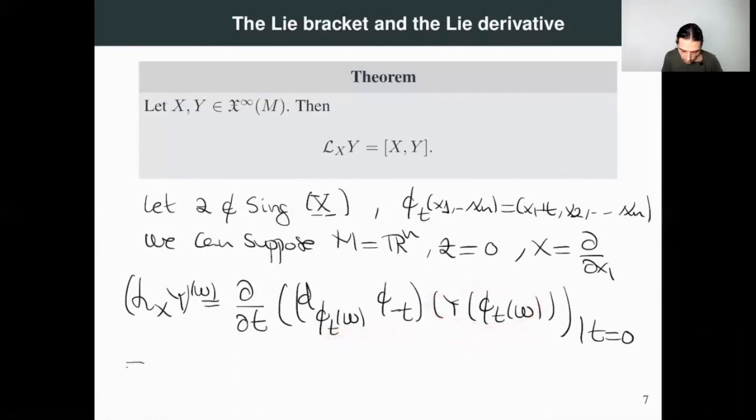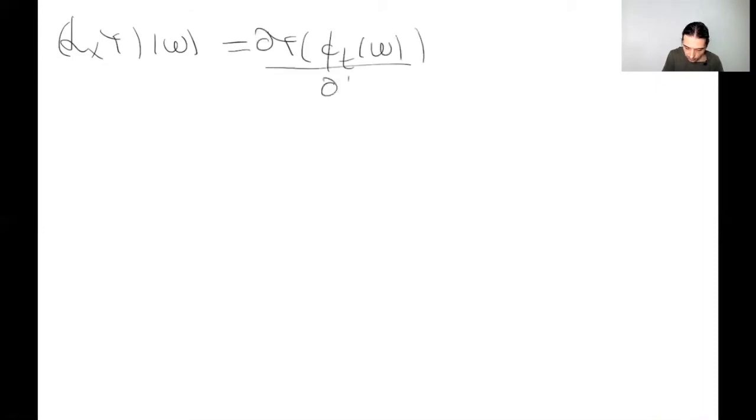Okay, it's going to be the derivative with respect to t at t equals 0 of y of phi t of w. Okay, this is the expression that we found. Very good.